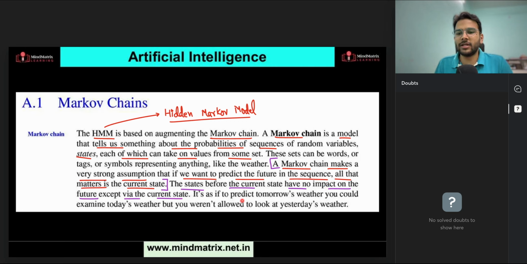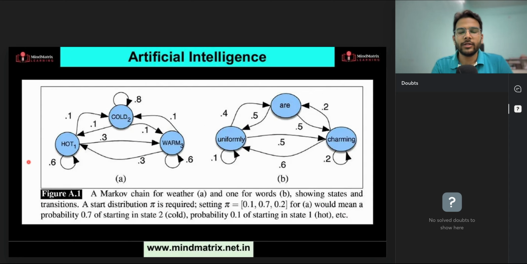It is as if, to predict tomorrow's weather, you could examine today's weather, but you were not allowed to look at yesterday's weather. I hope this is crystal clear to you. This is the very strong assumption, the property, that we are considering for a Markov chain. Now this is the example that we are continuing here. As you can see, these are the states that we have: hot, cold, and warm.